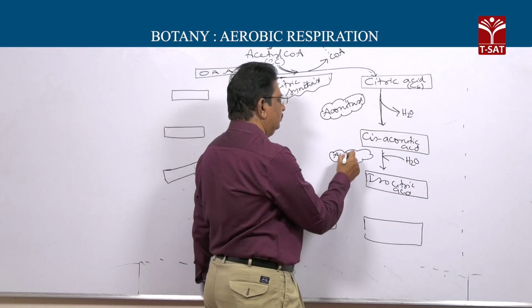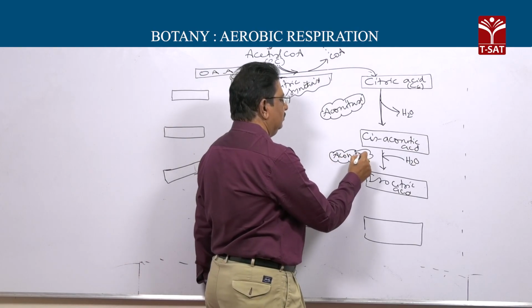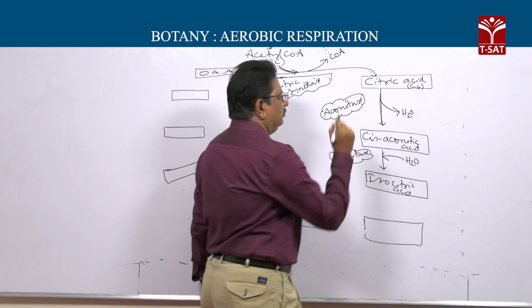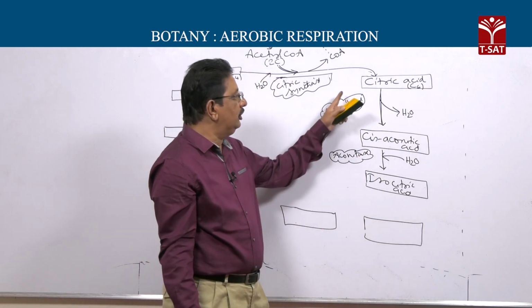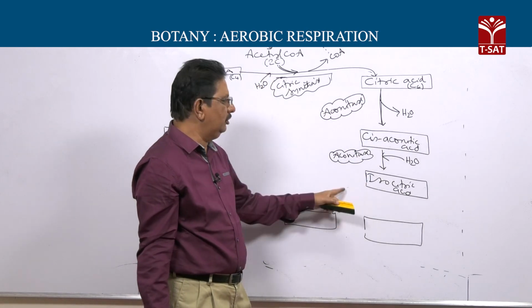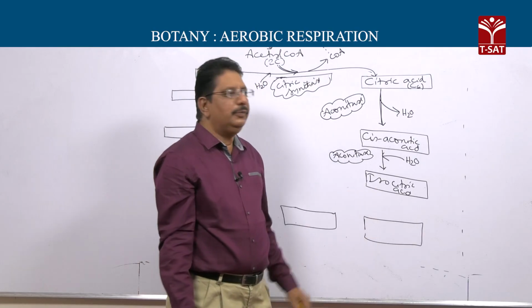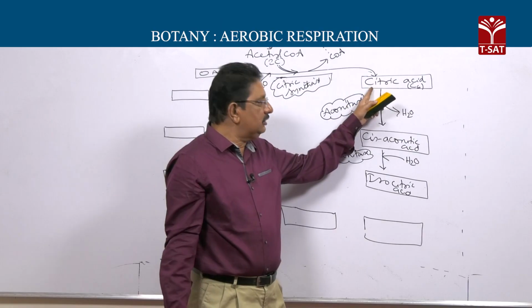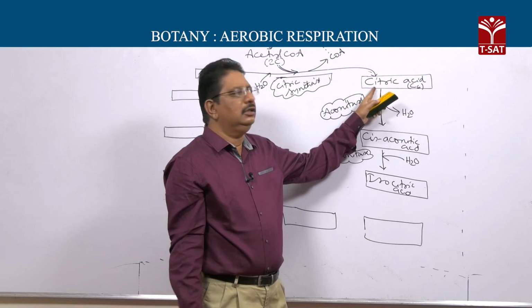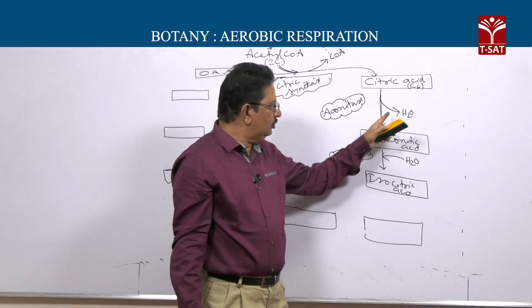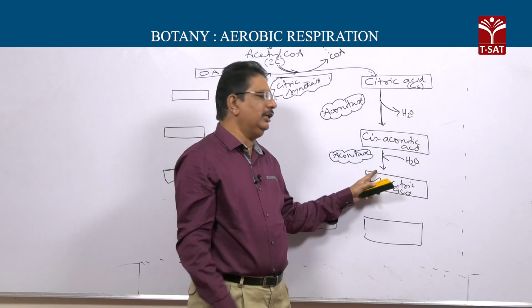So two reactions finally convert citric acid, a C6 compound, into isocitric acid. So take the carbon count. A C6 compound just loses water and again gains water.